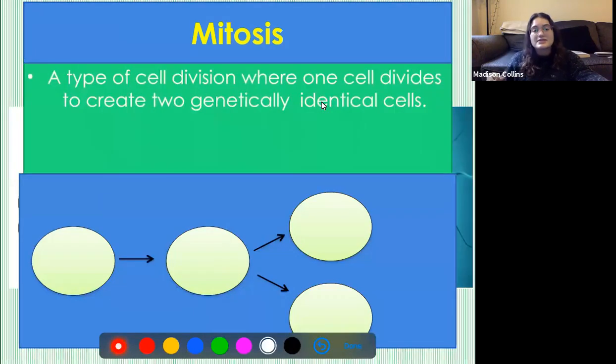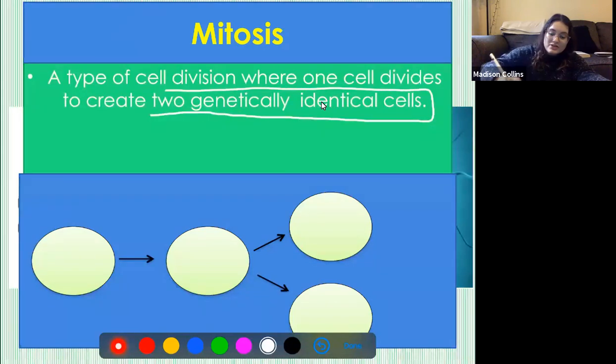Well, we need to know that this is a type of cell division where one cell divides to, again, create two genetically identical cells. So we start with one parent cell, and then we end with two identical daughter cells.